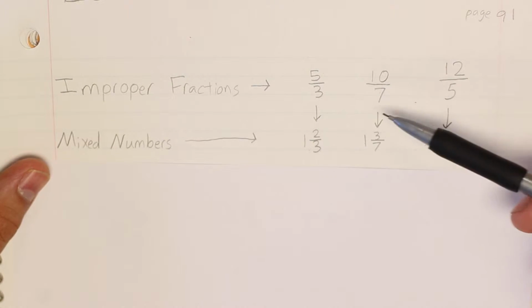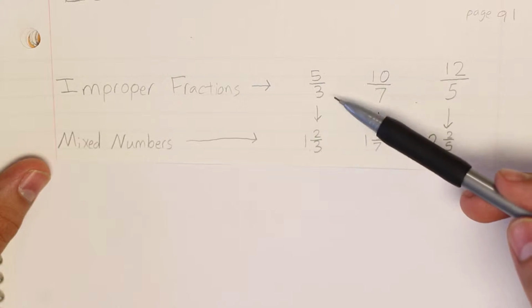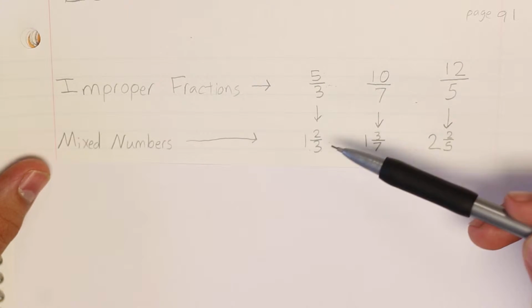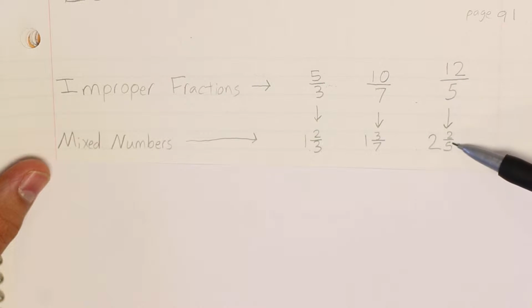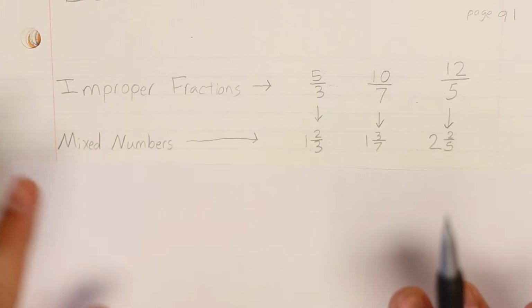I have drawn these arrows here to indicate that these are actually the same. This improper fraction, when converted to a mixed number, is this, and so forth and so on. We'll look more at how to convert fractions back and forth from improper to mixed and from mixed to improper in just a moment.